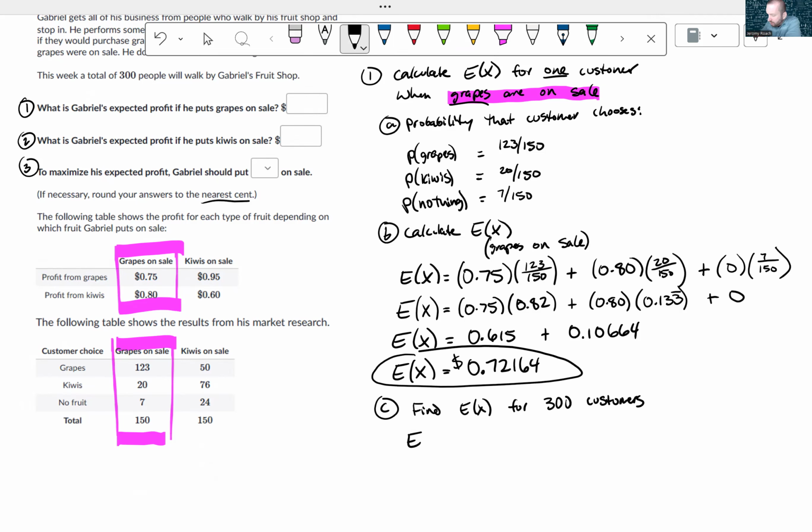So this is E of 300x, and that's going to be just 300 times 0.72164. Let's see, 300 times 0.72164 is 216.492.